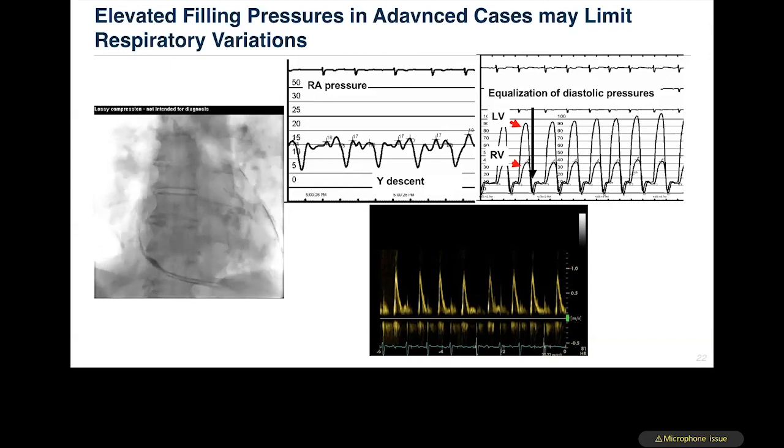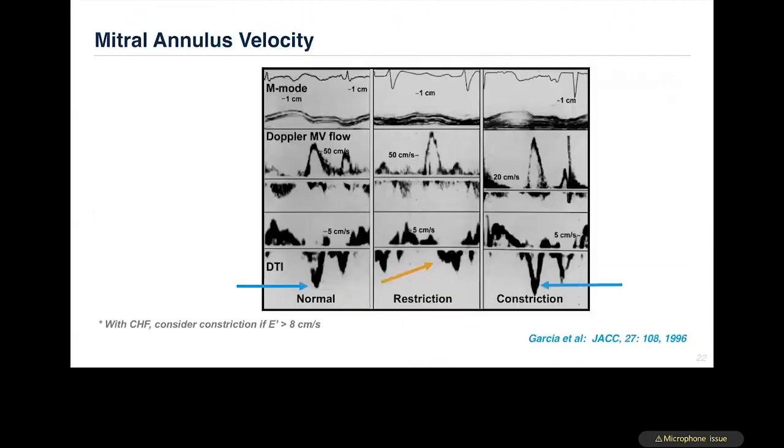So for these reasons, there was a need to look into some other parameters beyond just transmitral and transtricuspid flow velocities. Mario Garcia and colleagues proposed looking into tissue Doppler velocities, particularly looking at the mitral annular velocities, which allows the longitudinal descent of the mitral annular plane to be measured, and the speed of the annular descent to be measured during diastolic phases.